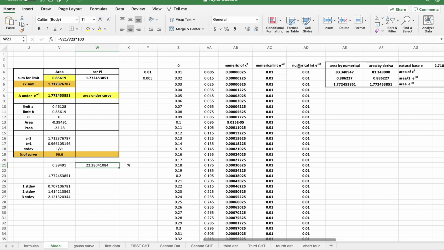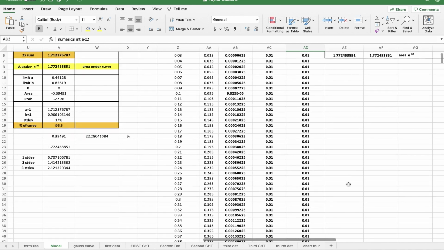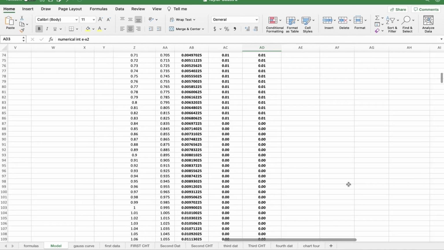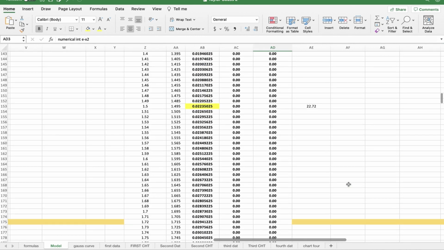or I could use a numerical method for calculating the area under the curve of the Gaussian e to the minus x squared. So you could see that there were similarities there with the answer being.